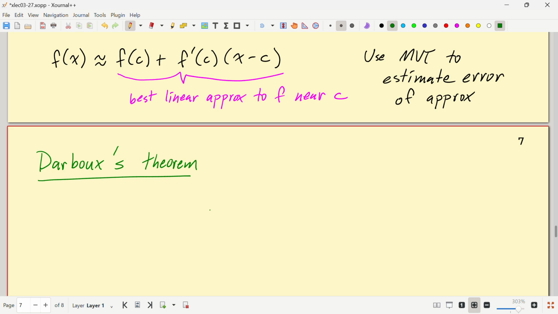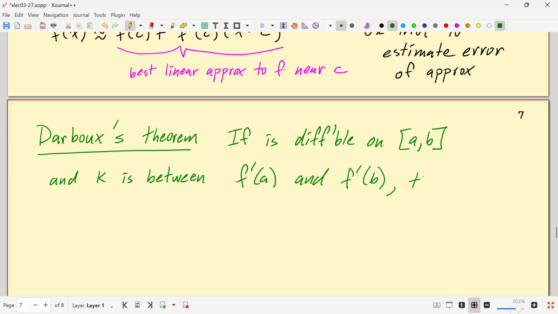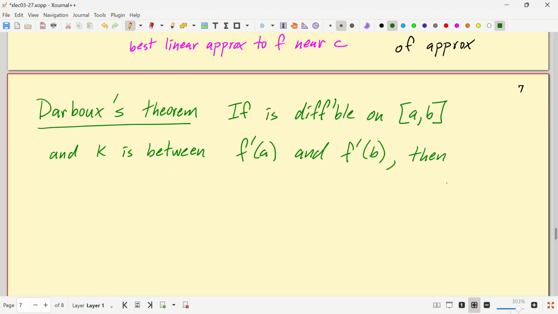If f is differentiable on a closed interval, and if k is between f prime of a and f prime of b, then there's a point between where f prime is k.